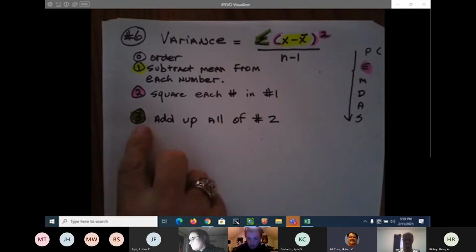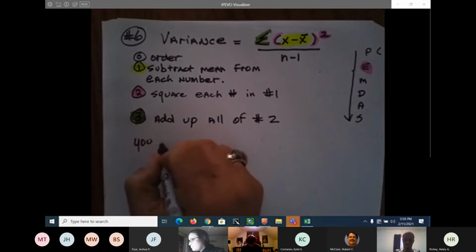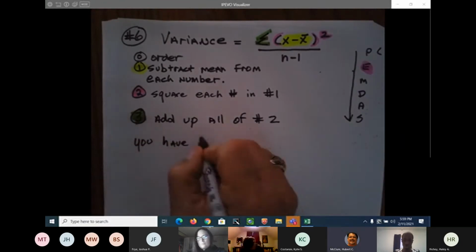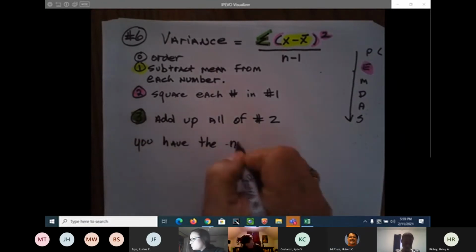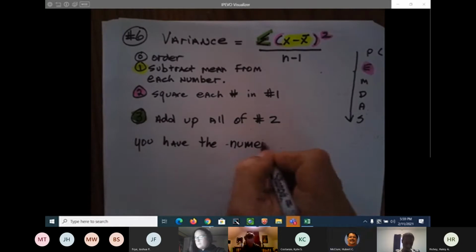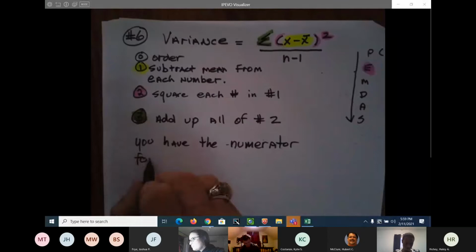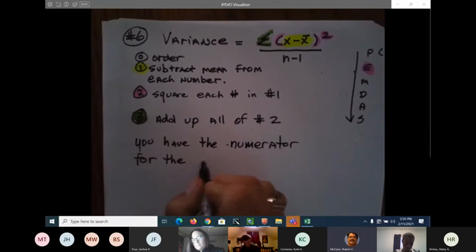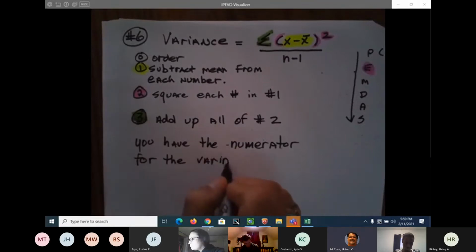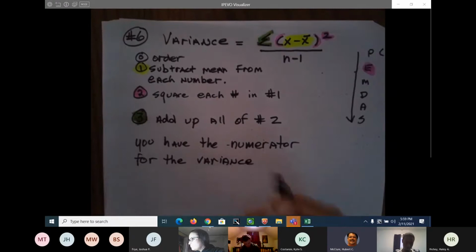Now, when you've done number 3, you have the numerator for the variance. Now, what I'm going to do is I'm going to take a blue marker and I'm going to highlight.